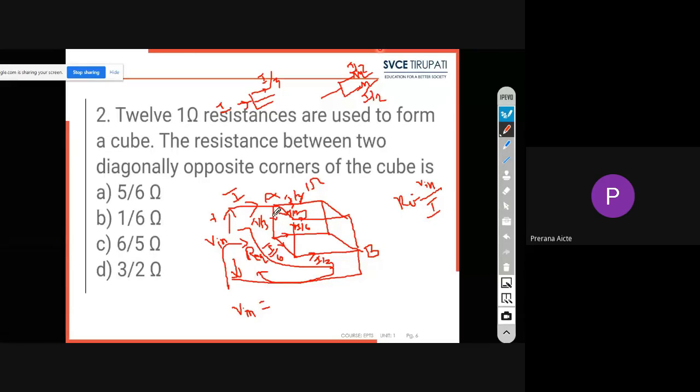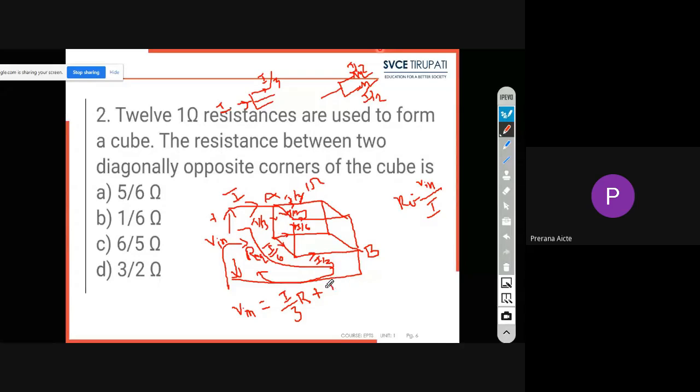So what is the voltage drop here? The current flowing through this branch into resistance. Yes or no? I am taking I by 3 into R, plus, what is this branch drop? This current will be flowing like that. What is this branch?